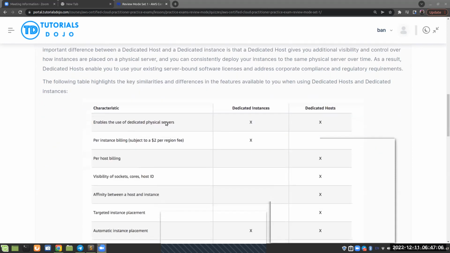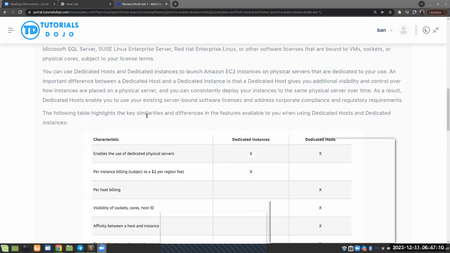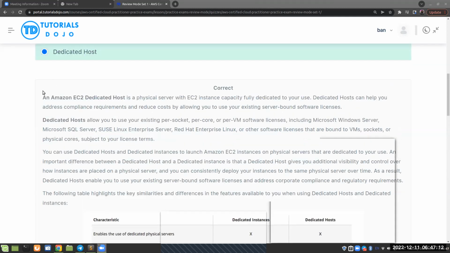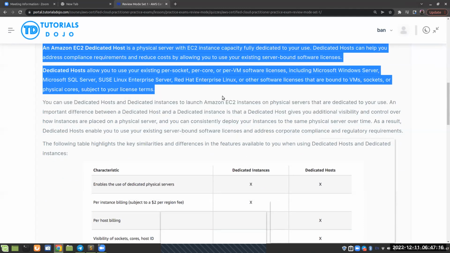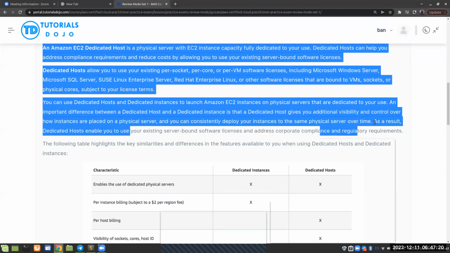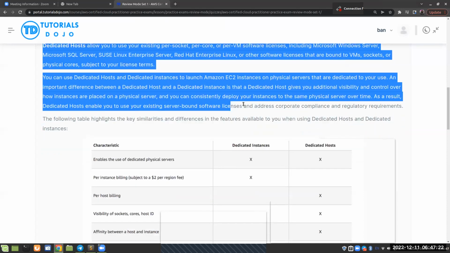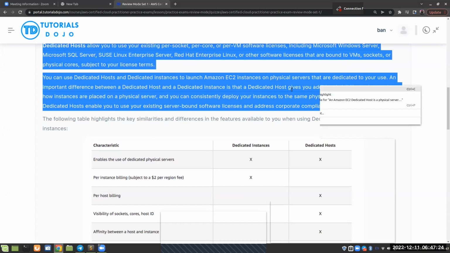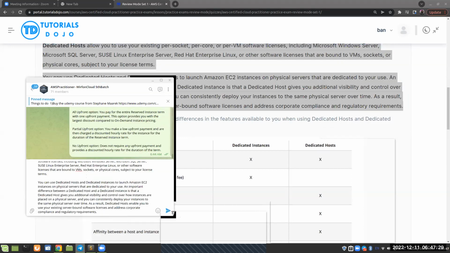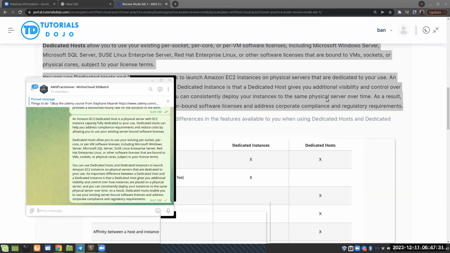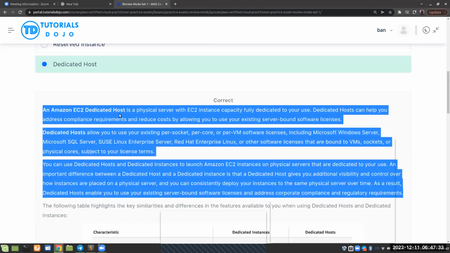So you always see it referred to as bring your own license. Let me just copy this. It's important to take time and make sure you capture what dedicated hosts are used for.